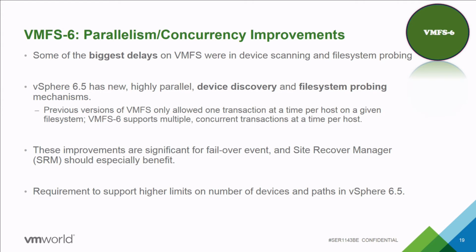We couldn't do parallel discovery operations prior to the vSphere 6.5 release. So what we now have in vSphere 6.5 is the ability for a host to do parallel queries on, are there LUNs out there, are there volumes out there, and so on. And so this is quite a major enhancement, and I think when you see the demo shortly, you'll see how much this has improved things.